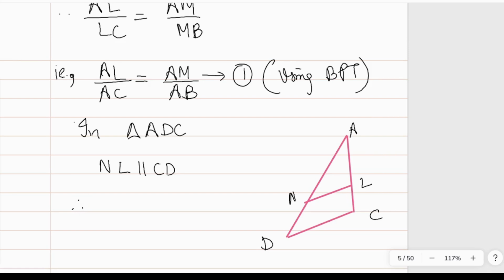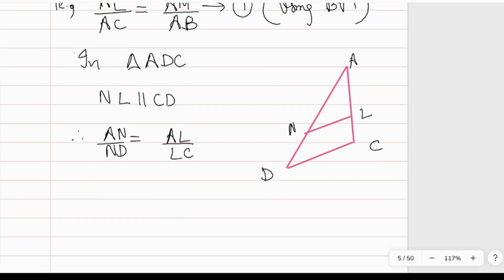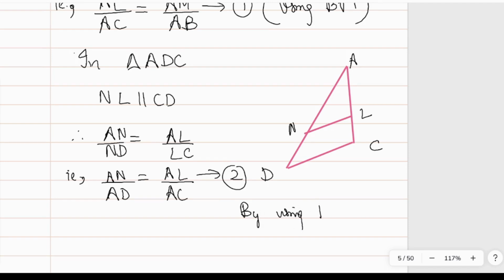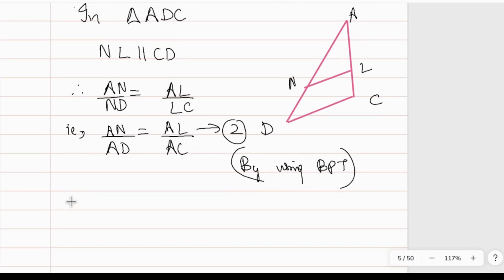Therefore, what we can write? Therefore, AN by ND equal to AL by LC. Also, that means what? That is, I can write AN divided by AD equal to AL divided by AC. This one I will give the equation number 2. This is by using BPT. Clear?